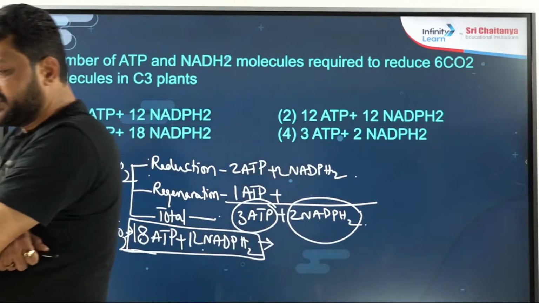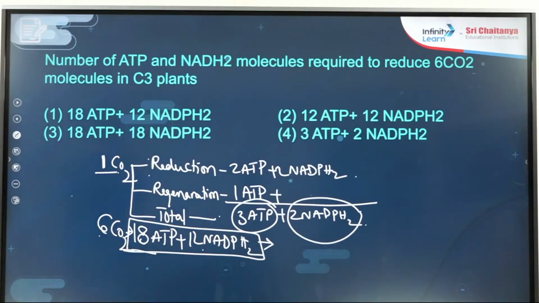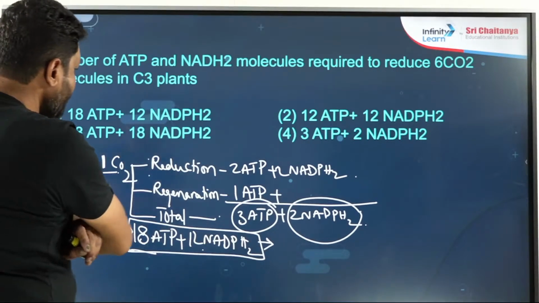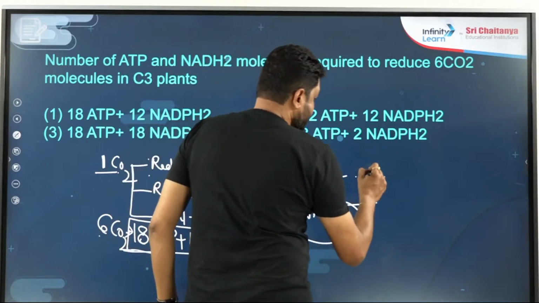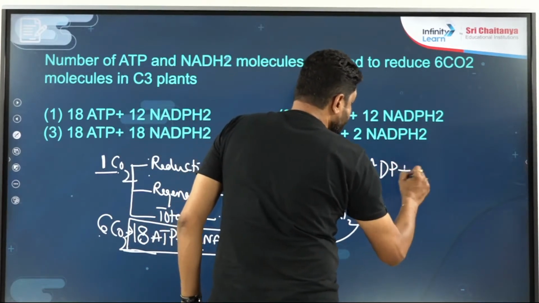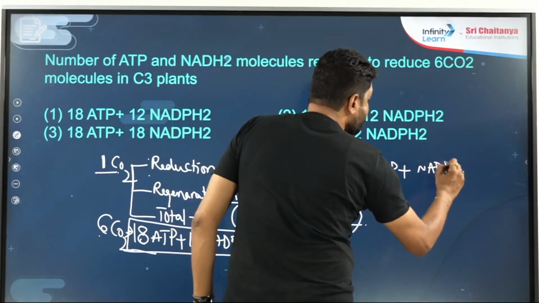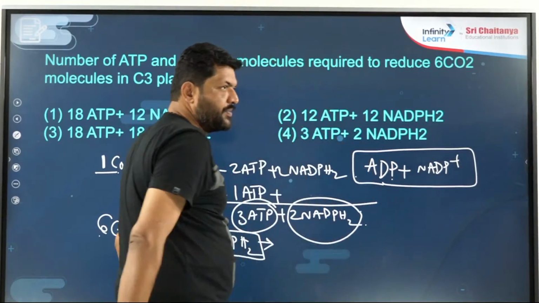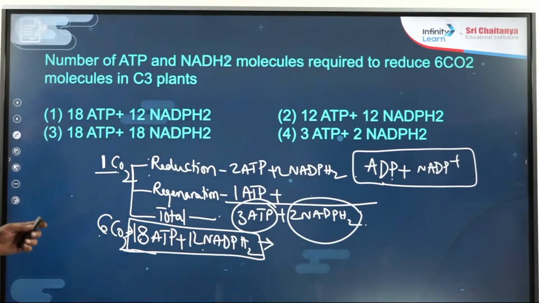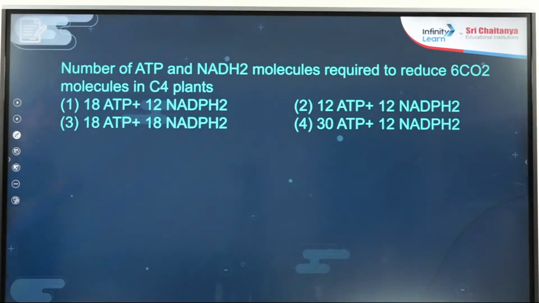I repeat my question, light reaction depends on dark reaction for ADP plus NADP plus. So light reaction depends for this on the dark reaction. Was it clear? Shall we go to the next slide?